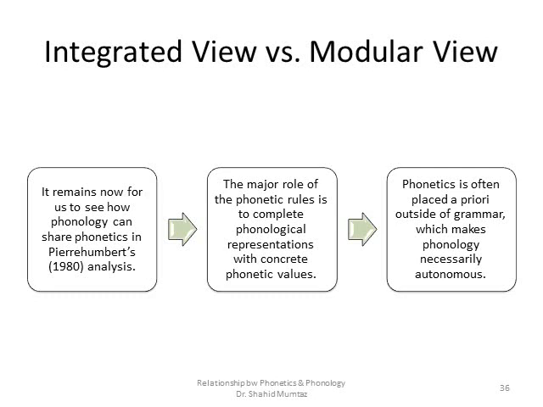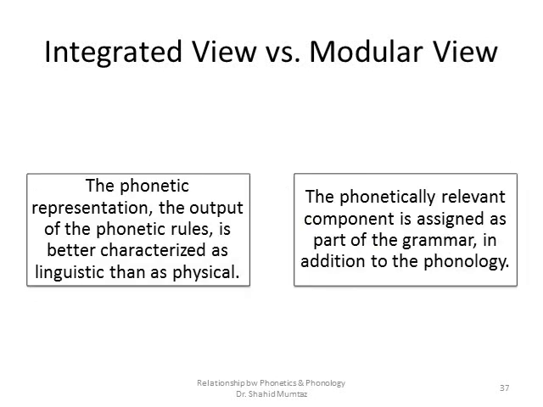Phonetics is often placed a priori outside of grammar, which makes phonology necessarily autonomous. Contrary to this traditional view, Pierrehumbert maintains that the phonetic representation, the output of the phonetic rules, is better characterized as linguistic, meaning mental, than as physical. As a consequence, the phonetically relevant component is assigned as part of the grammar in addition to the phonology.